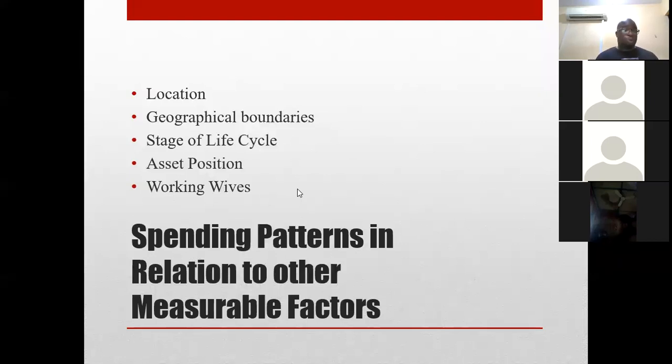Asset position. The kind of assets that you have as a person will determine your spending pattern. For instance, if you are still renting, then as you plan your salary, when you collect your income, there's a percentage that you will put aside for rent.